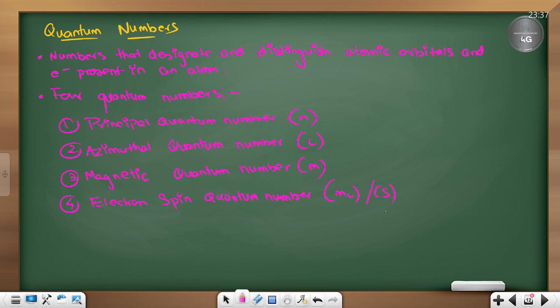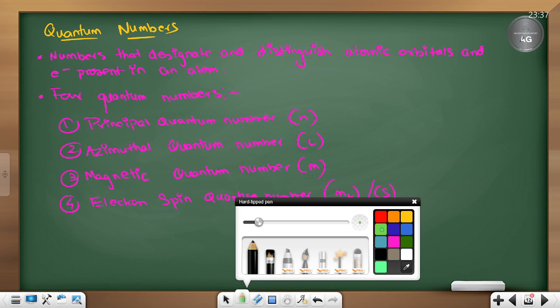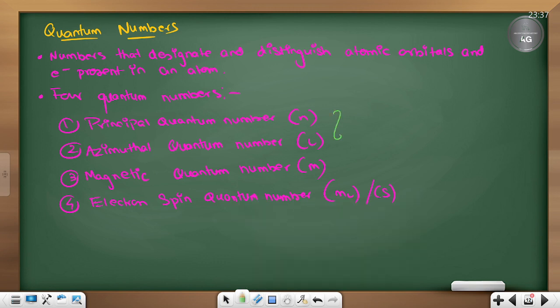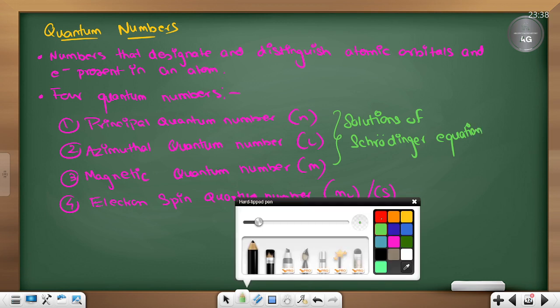So 4 types of quantum numbers are there, each having its own designation. These 3 are solutions of the Schrodinger equation. This 4th quantum number is not a solution of the Schrodinger equation.